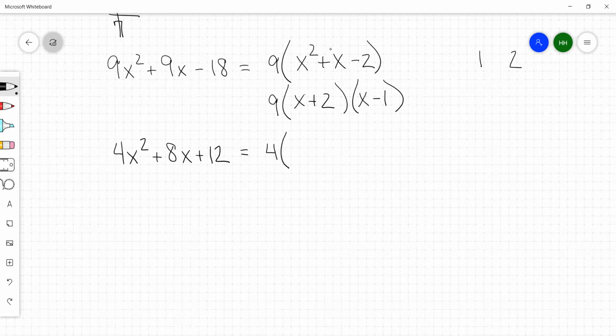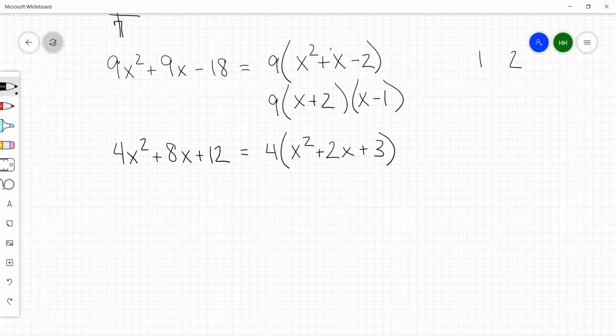What you're left with is x squared plus 2x plus 3. There are only 2 factors for 3.